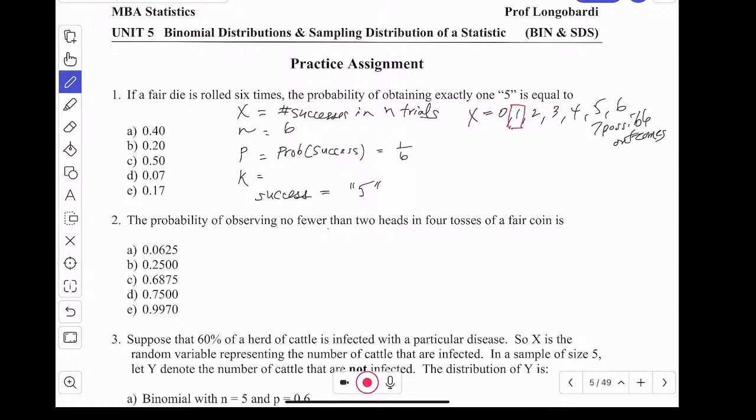So what I'm interested in is exactly 1 5. I want to see what's the chance of getting exactly 1. Now the probability distribution for this would include the probability of getting 0, the probability of getting 1, the probability of getting 2, all these probabilities. I just want this one.